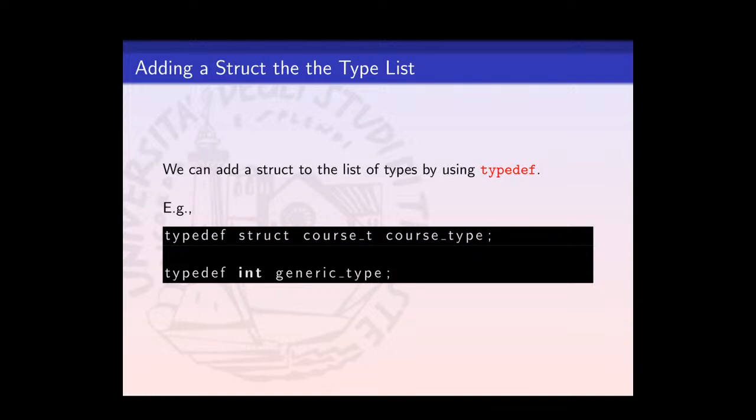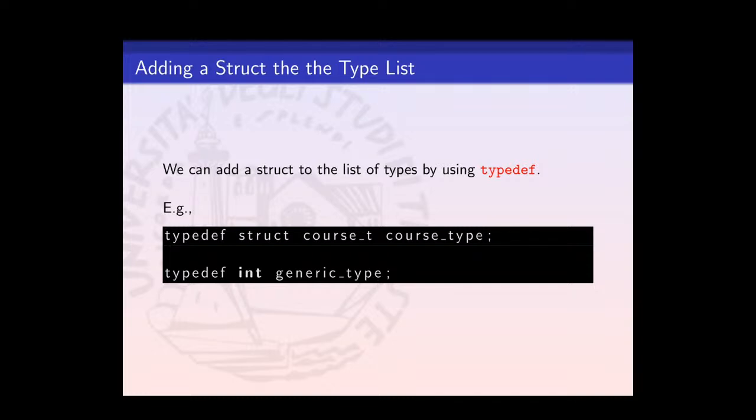So we have a way to add the new data type to the list of types embedded in C, and this can be done by using the reserved word typedef. By using typedef, you are basically saying, look, I'm defining a new type, which may or may not be a struct. And from that point on, you can avoid writing struct.